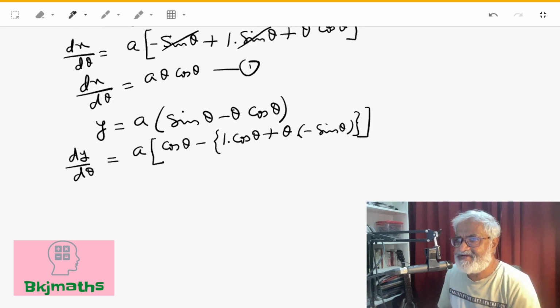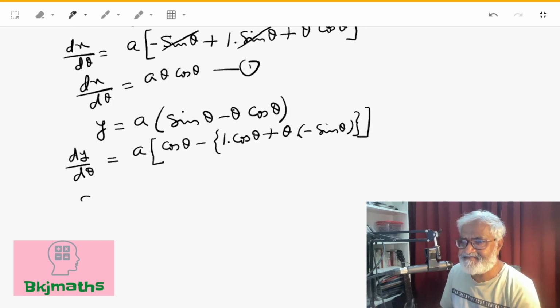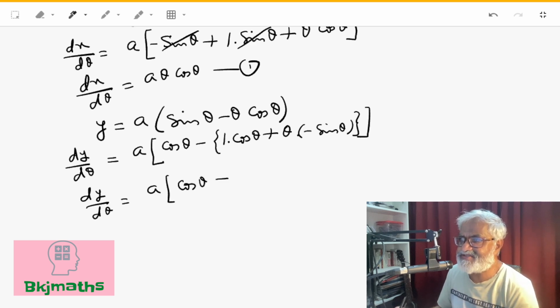So dy by d theta equals a into bracket cos theta, now open the bracket, minus cos theta, and this minus and this minus becomes plus sin theta sin theta.